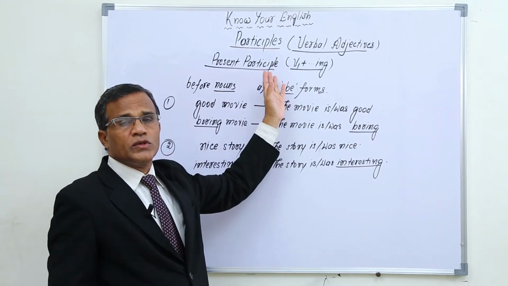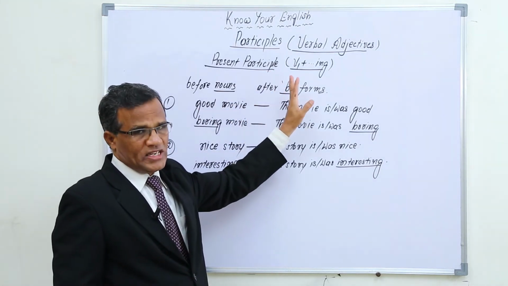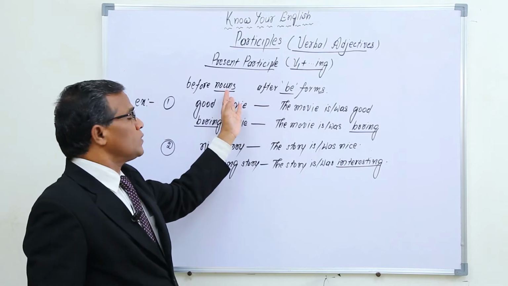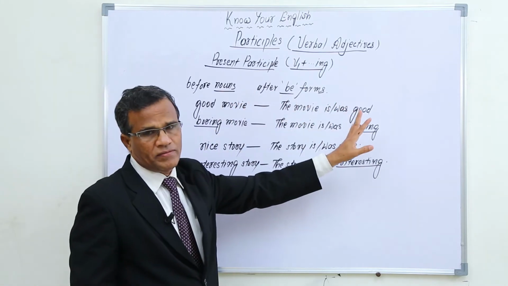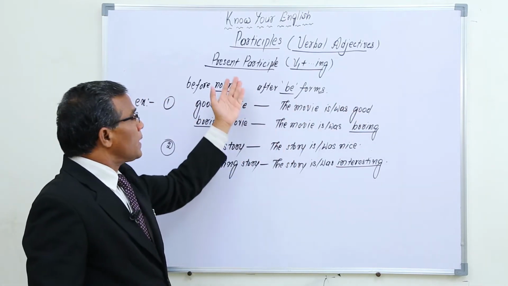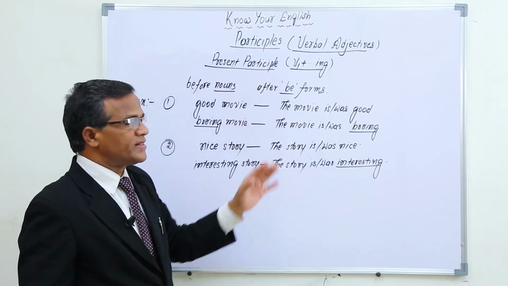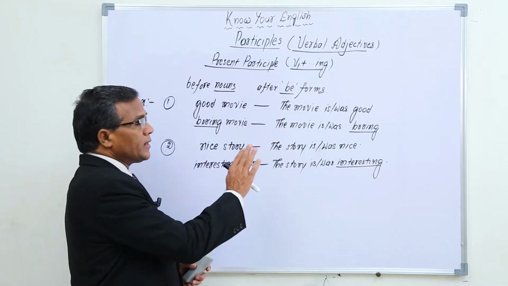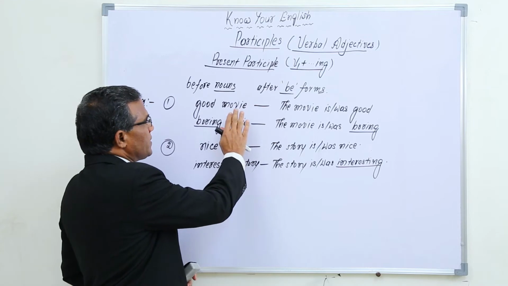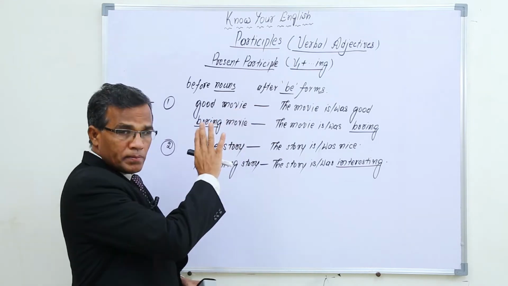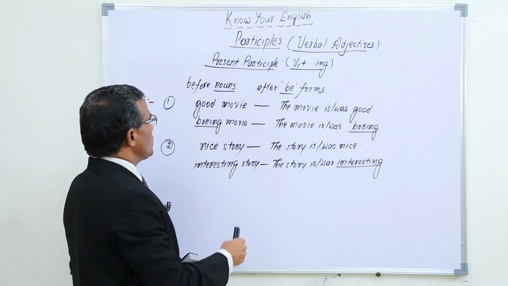So it is used just like adjectives. Adjectives are used before nouns and after be forms really. And present participles are also used in the same way. To show you that, I have given examples of adjectives and also the present participle.